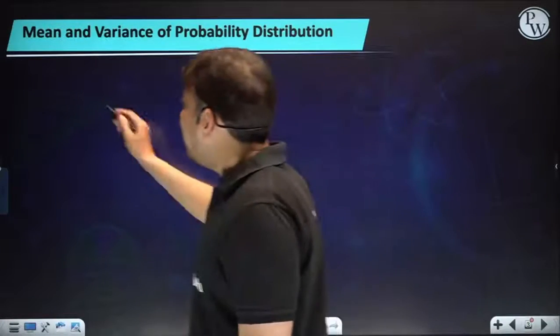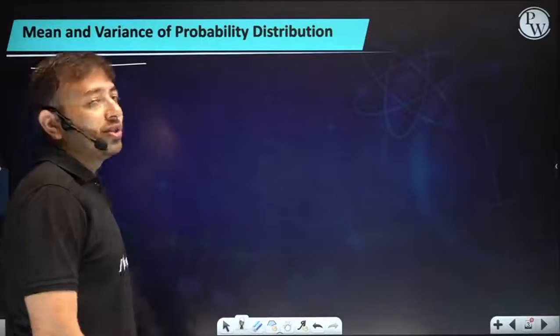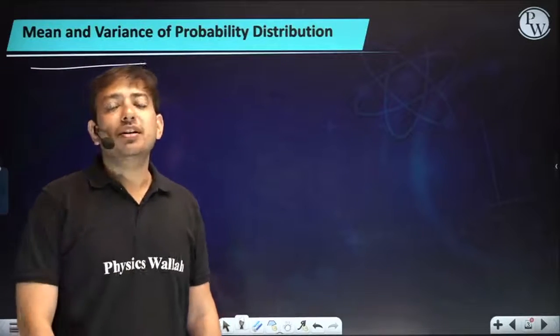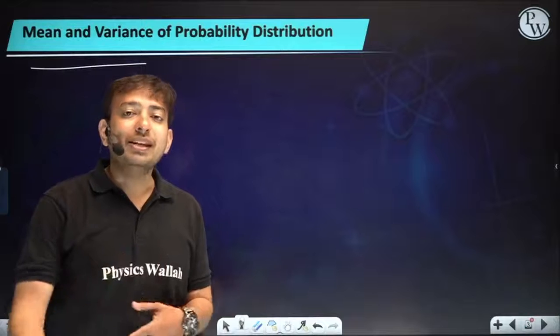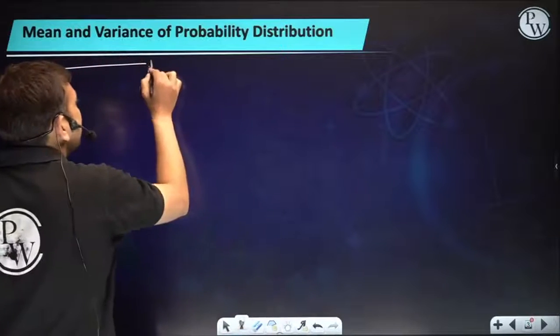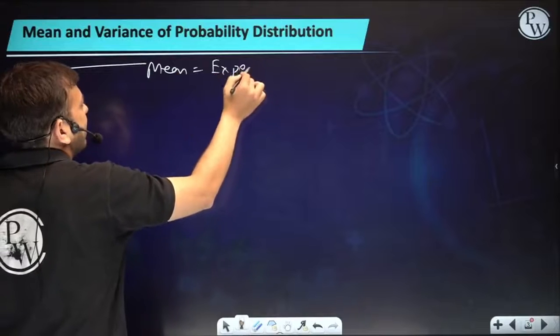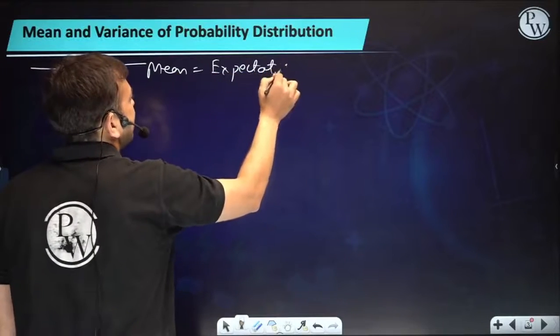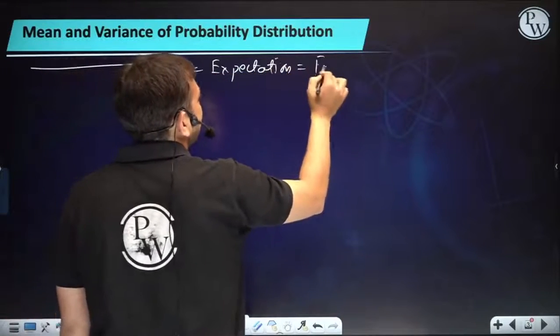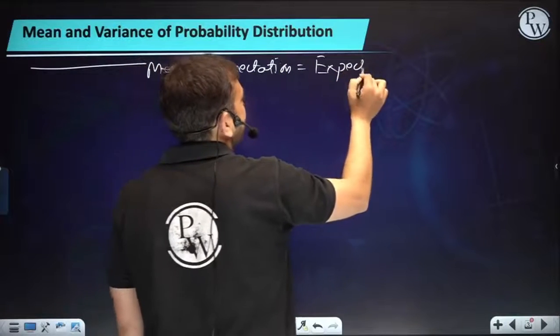Then, mean and variance of a probability distribution. Second important thing is how you find the mean. The mean is also termed as expectation or expected mean.